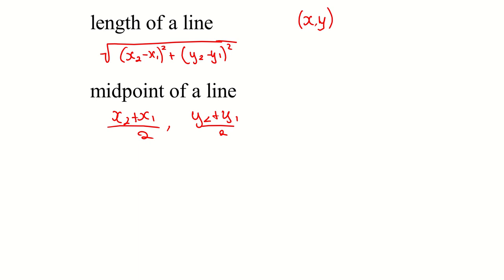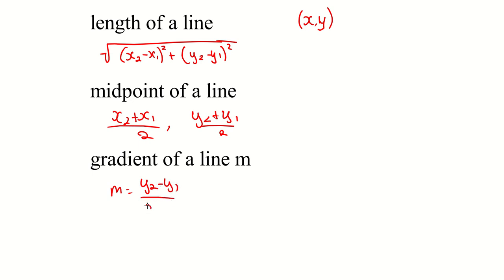For gradient of a line, the sign for gradient is m. So m is equal to y2 minus y1 over x2 minus x1.